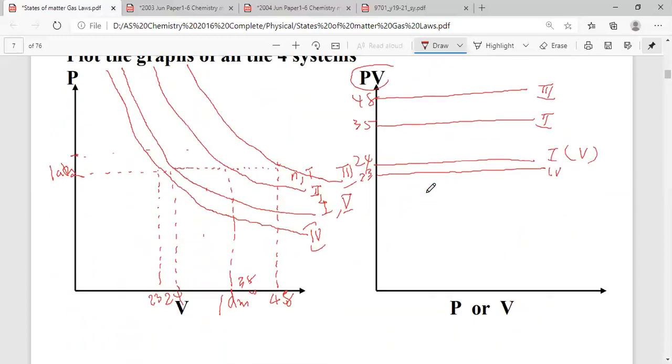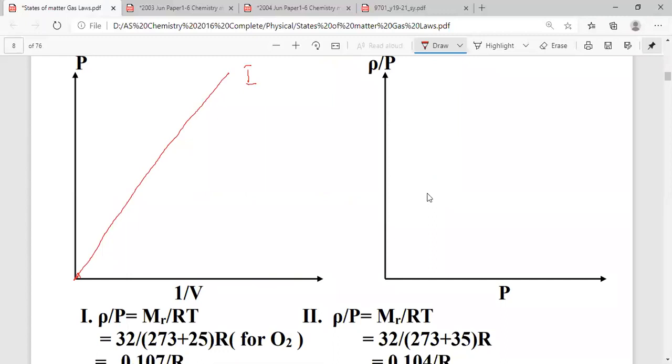So let's say it's 1 here. For experiment 2, it will be smaller, isn't it? One here is smaller than here. This is the first one, smaller.